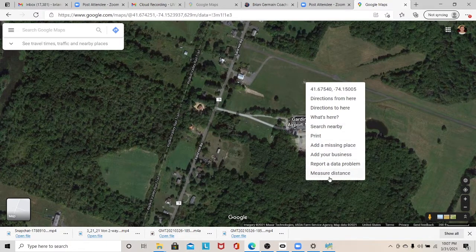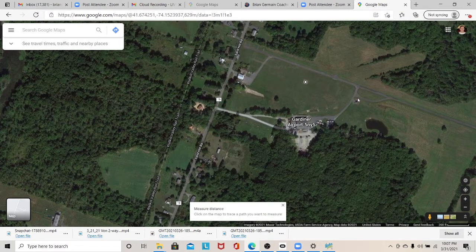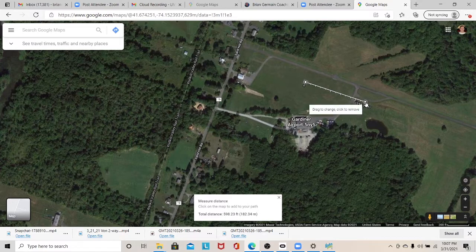So right click, measure distance. If it is 2-to-1, that means my final approach is about 600 feet long. And so there's 600 feet, right? So that's a reasonable place to turn final.